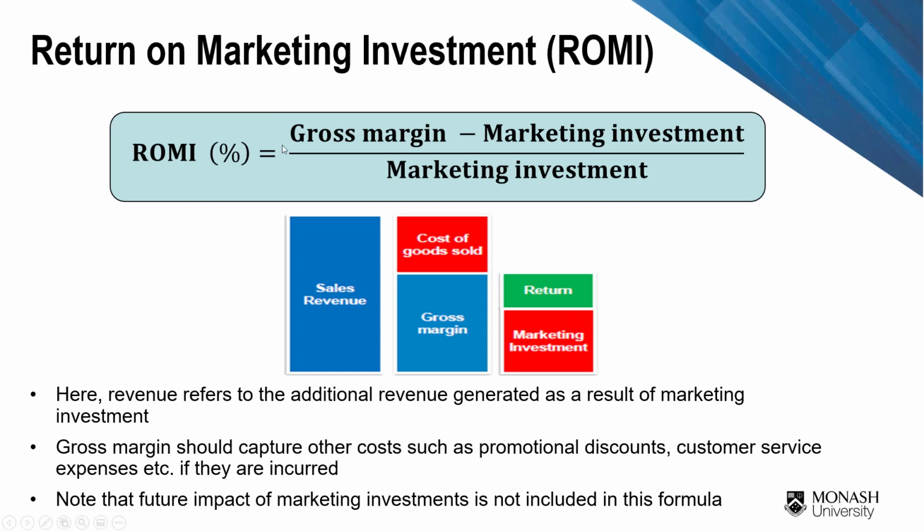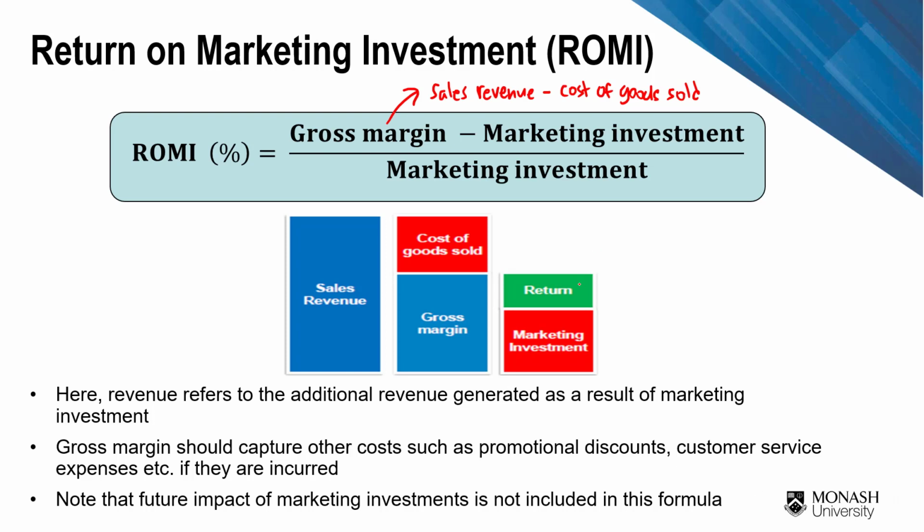So ROMI is the gross margin minus marketing investment, divided by the marketing investment. Now gross margin is sales revenue minus cost of goods sold. It's just basic. Cost of goods sold is basically the cost at which you purchased from your previous seller.